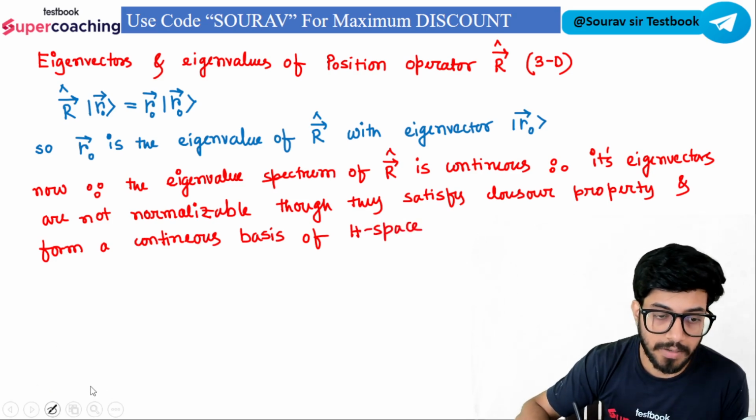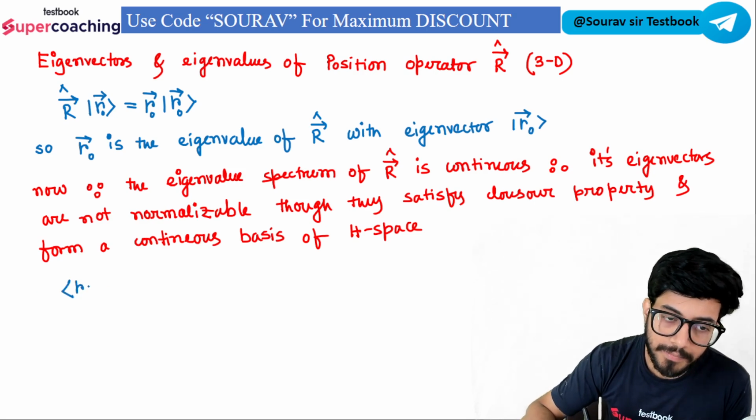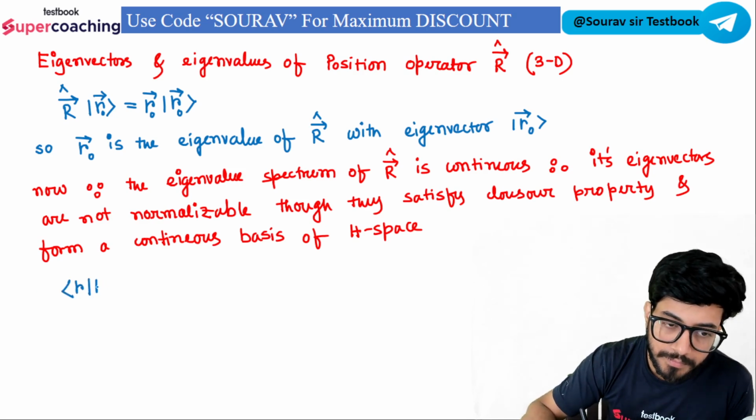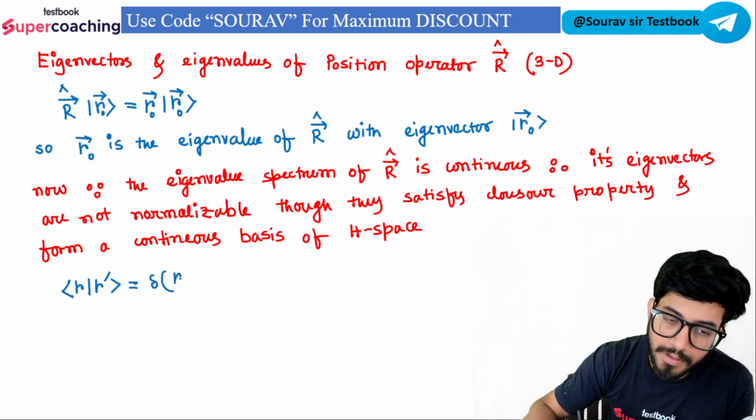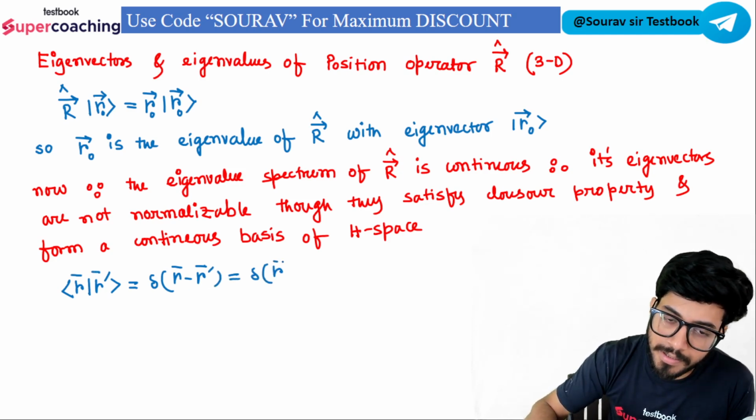Therefore, you can just write down R dashed del of R minus R dashed, that is also equals to del of R dashed minus R.